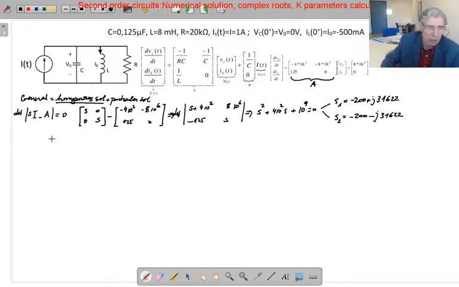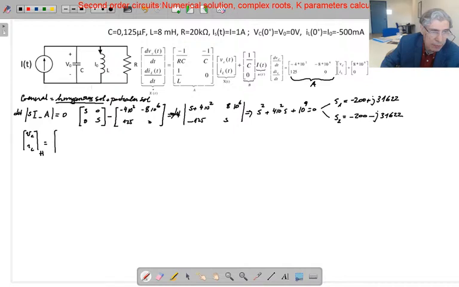Since they are complex, our homogeneous solution for VC(t), let me write the H to represent homogeneous solution.